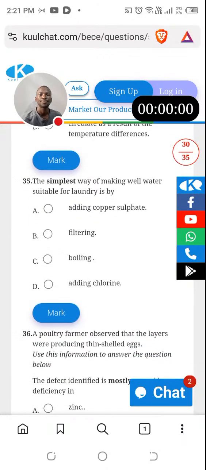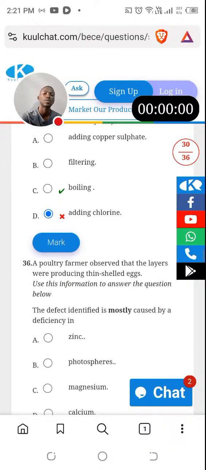I'm cooked. The simplest way of making well water suitable for laundry is adding copper sulfate, filtering, boiling, adding chlorine. Oh, boiling. Well water is a hard water.